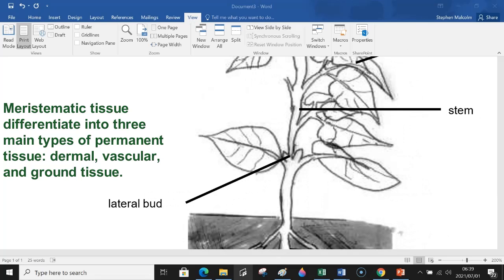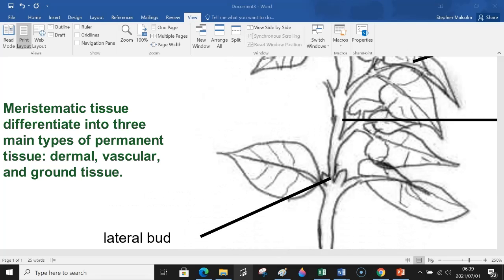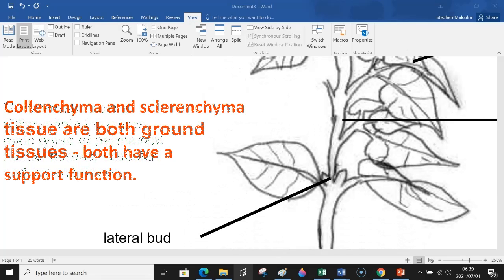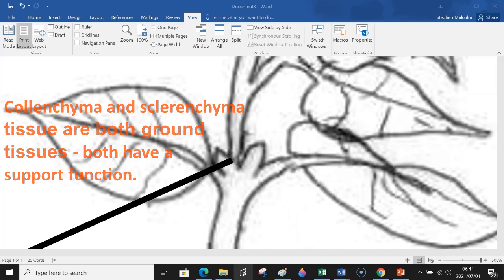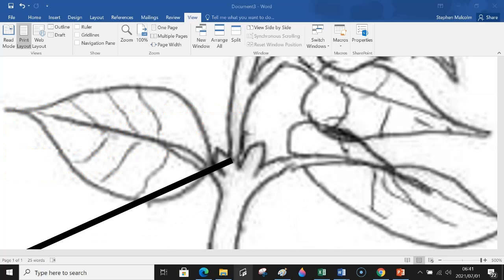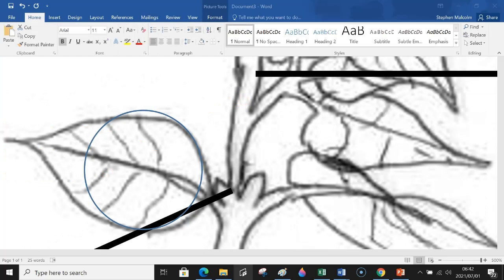Collenchyma and sclerenchyma are examples of ground tissue, and let's just focus in on where that tissue would be found. For example, we're going to be looking at the tissue that is found in the leaf, because the leaf would need support from both types of tissues, as I will explain. So let's now look at the tissues separately.